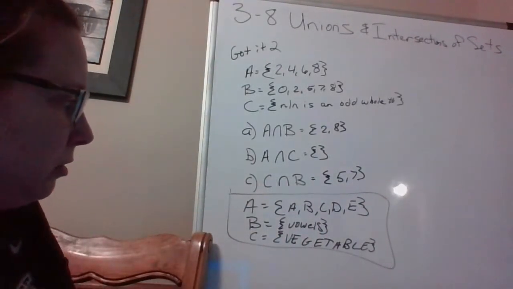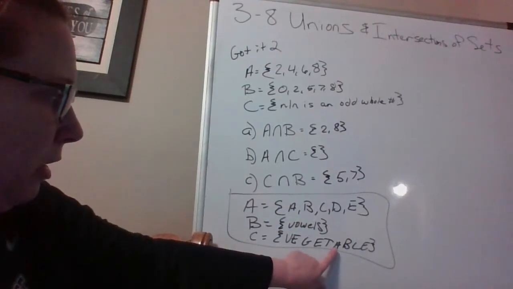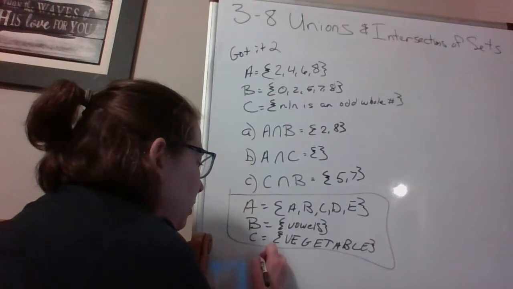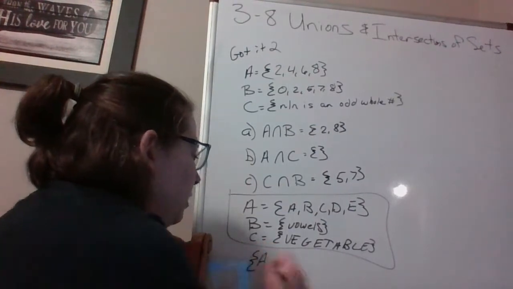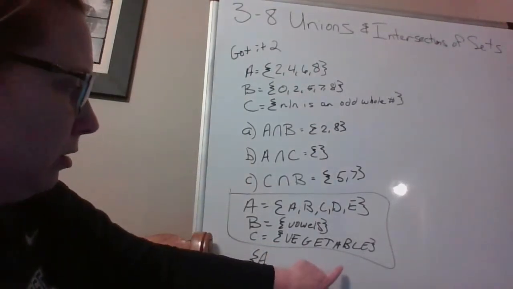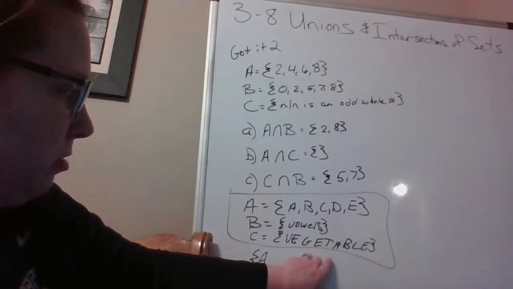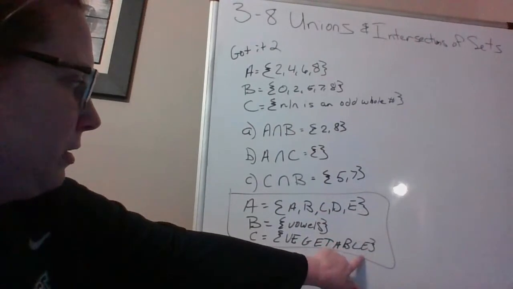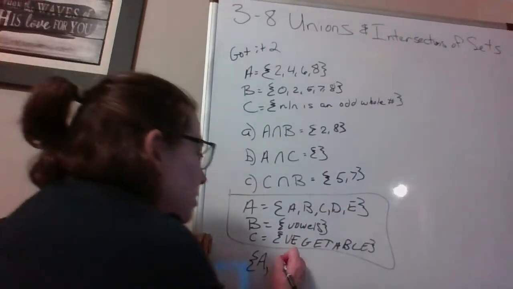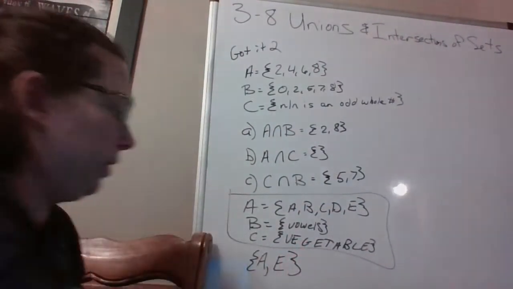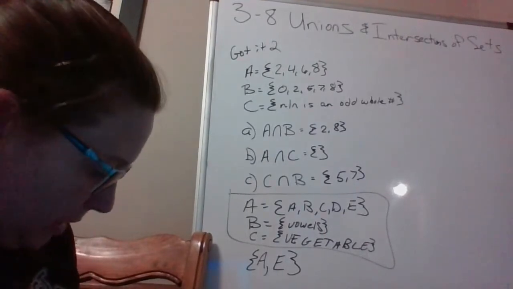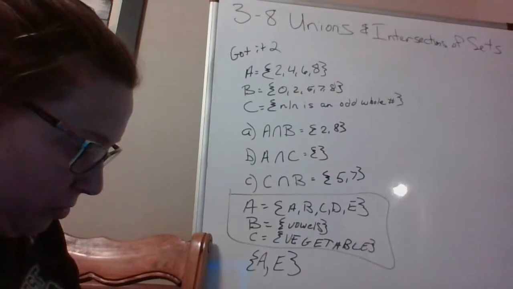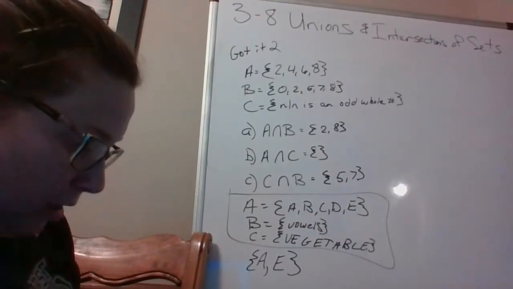And, oh dear. So we have an A here, a vowel, and in set A. So A would be in our set. B is not a vowel. C is not a vowel. D is not a vowel. E is here, here, and here. So our overlap or intersection between those 3 sets is just A and E. So that's Got It 3.